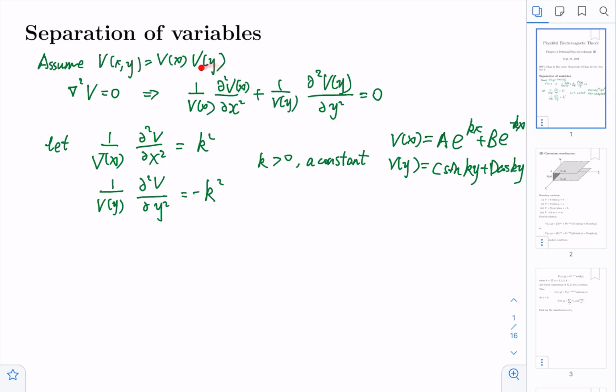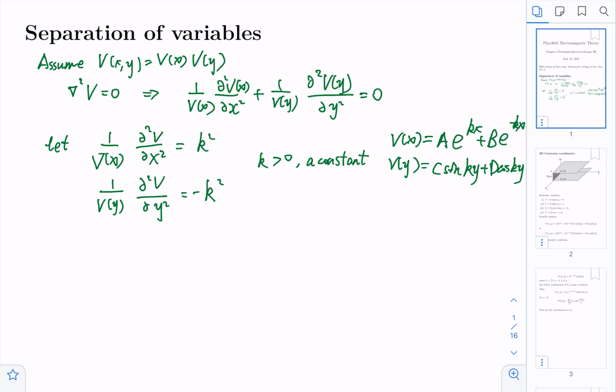The first part only contains expressions of V of x, and the second part only contains expressions of V of y. Since the two terms are completely separated, we can deal with them separately.